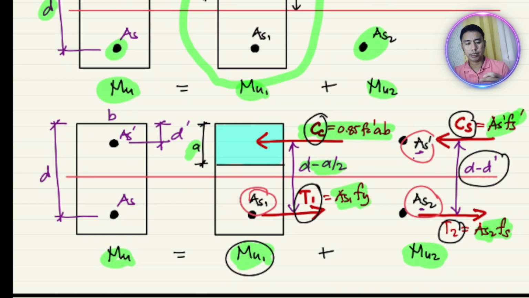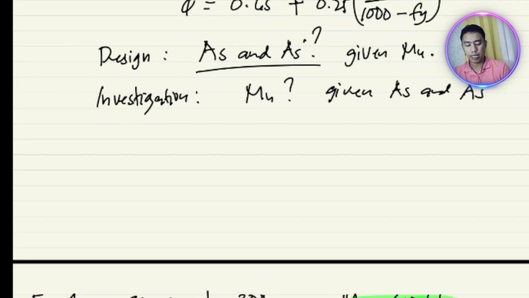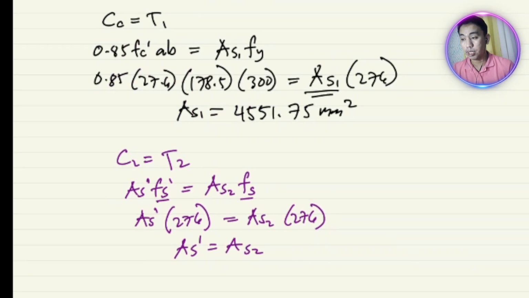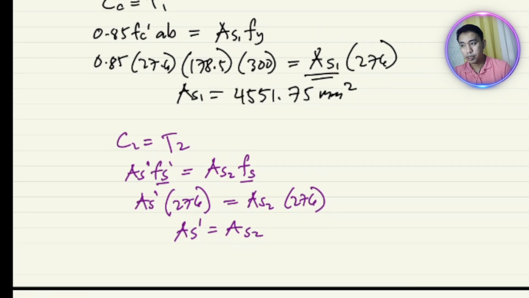But may mga cases na mag-yield ang As prime, ang As2 hindi. So, pwedeng hindi sila mag-yield sabay. Yun yung makakahaba ng calculation, which we will go through in the succeeding example. Okay, now let's say As prime is equal to As2.